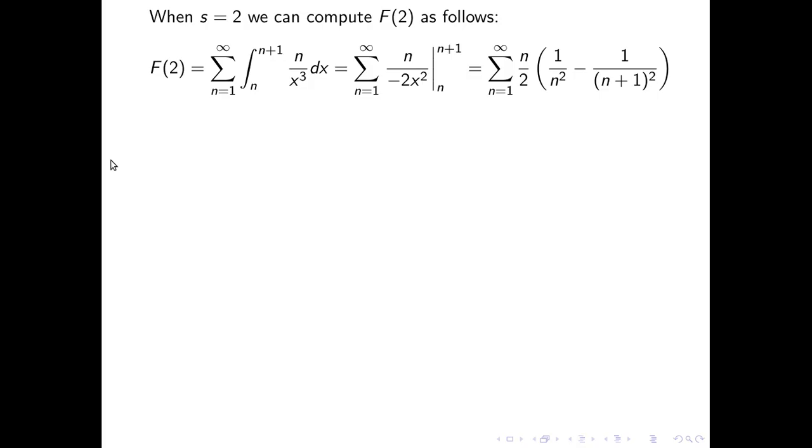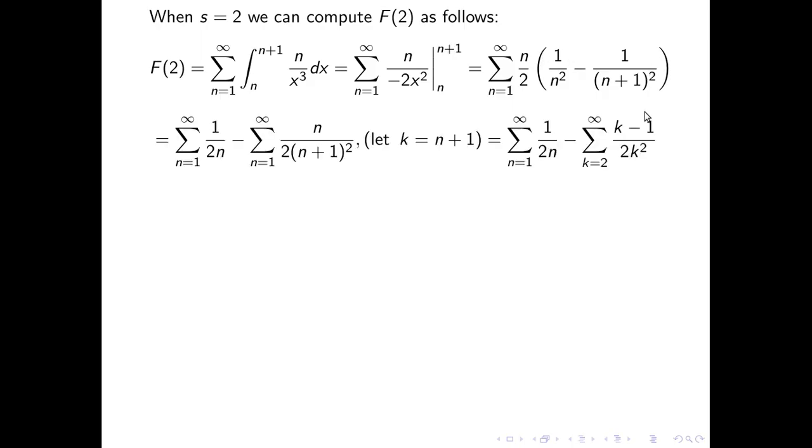However, when we go to f of 2, we see that f of 2 actually converges, because the denominator is x cubed, which when we integrate, we get minus 2x squared in the denominator. Evaluating at the endpoints, this is what we get. And then we distribute the n into the two terms, we get this. In the second summation, we replace n plus 1 by k, and this is what we get.